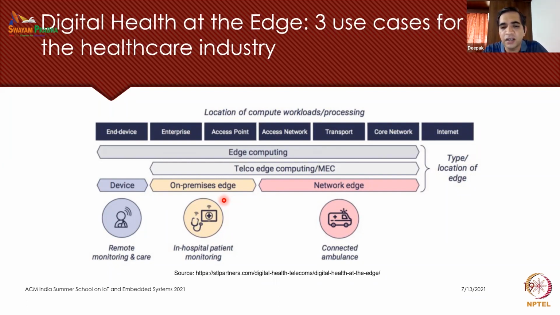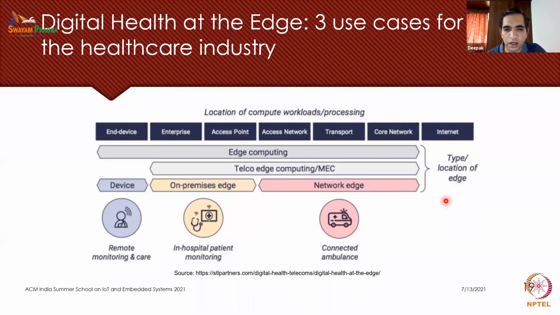And then there are devices that you could have in a connected ambulance. That's going into the realm of an edge device which is not static, right? In this case, your connected ambulance is moving, but still it is something very important. We'll see why.